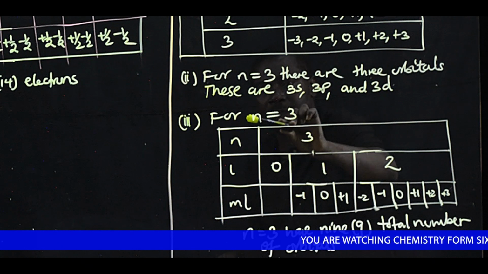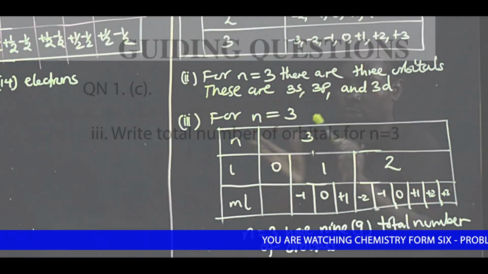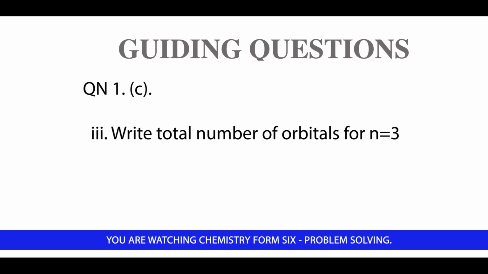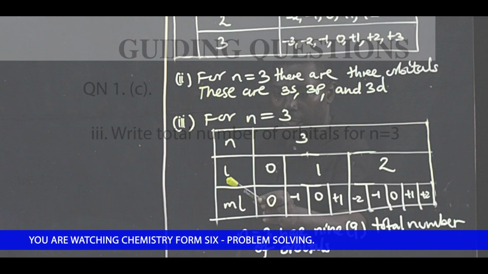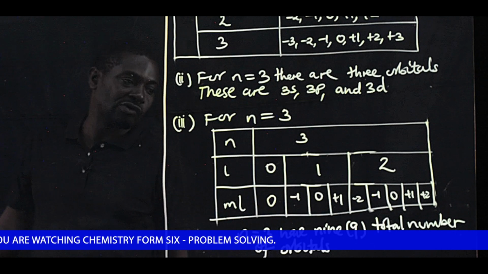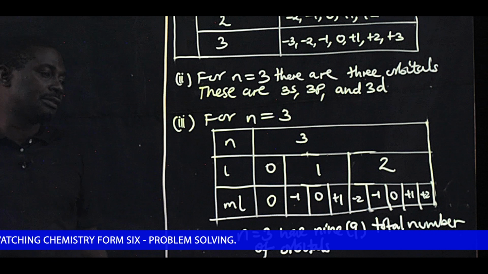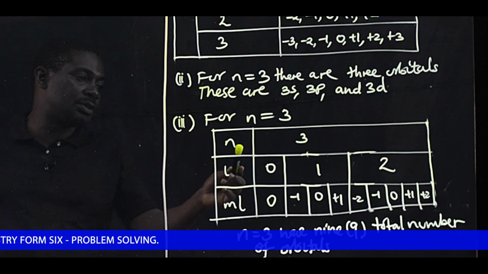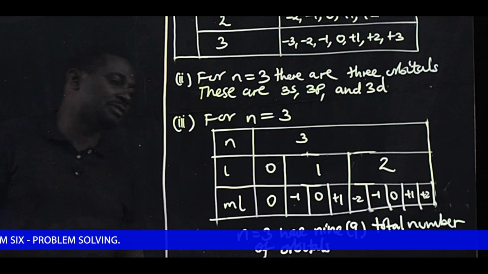But for part 3, you are supposed to find the total number of orbitals for n is equal to 3. So in order to obtain the total number of orbitals by using this tabular form, for n is equal to 3, the value of l should range from 0 to n minus 1.